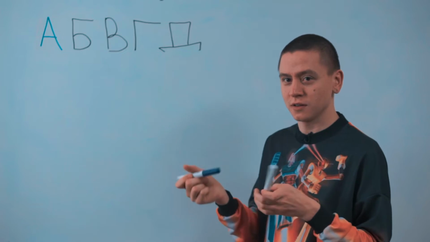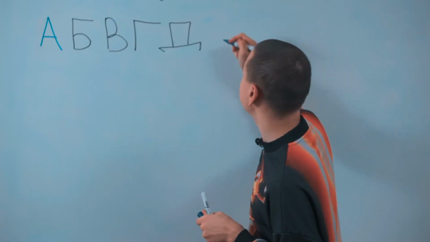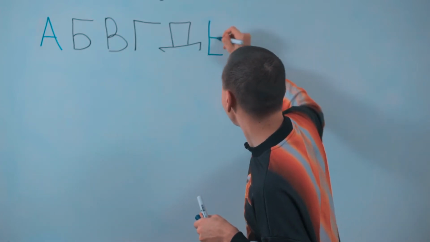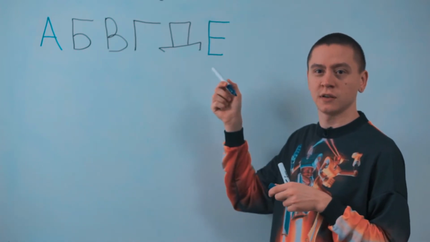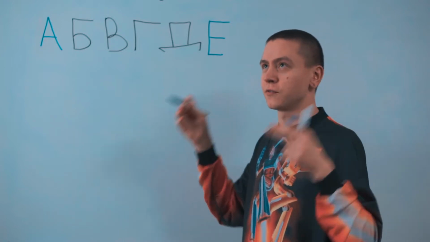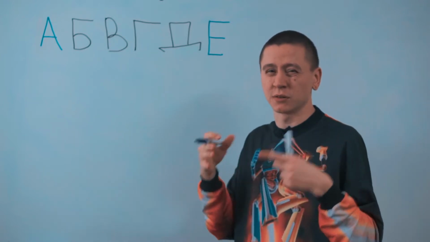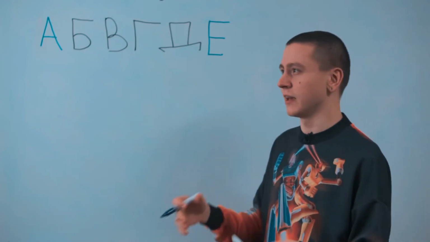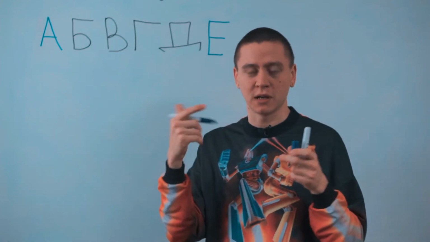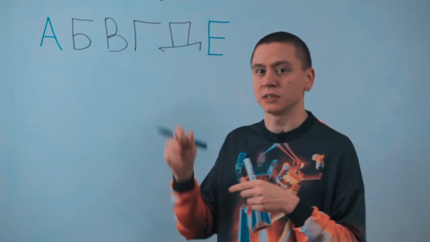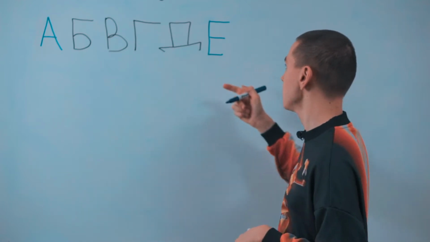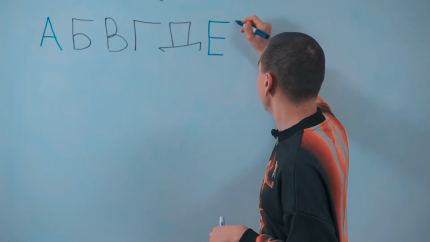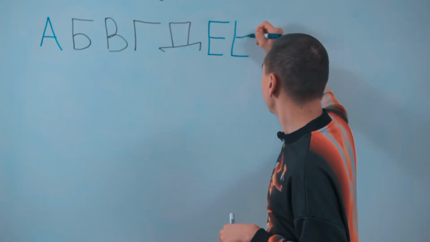What's the next one? That one is pretty crazy, you know. For the first time, it can sound a little bit crazy because it's not like two sounds, but we'll talk about it later. So it's one letter. And the next one is a vowel as well.